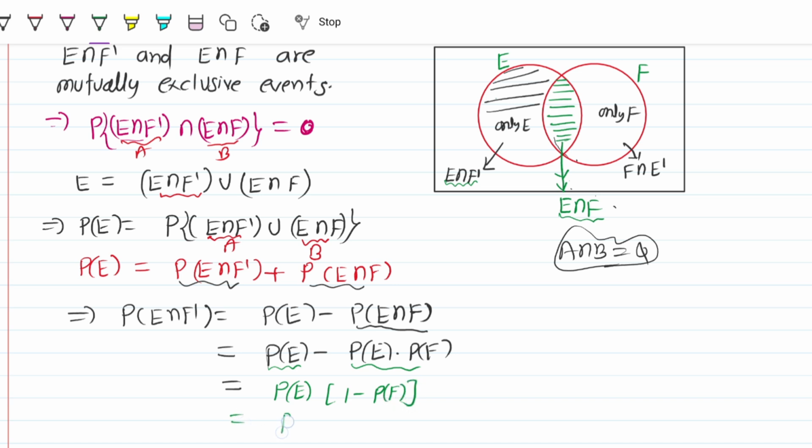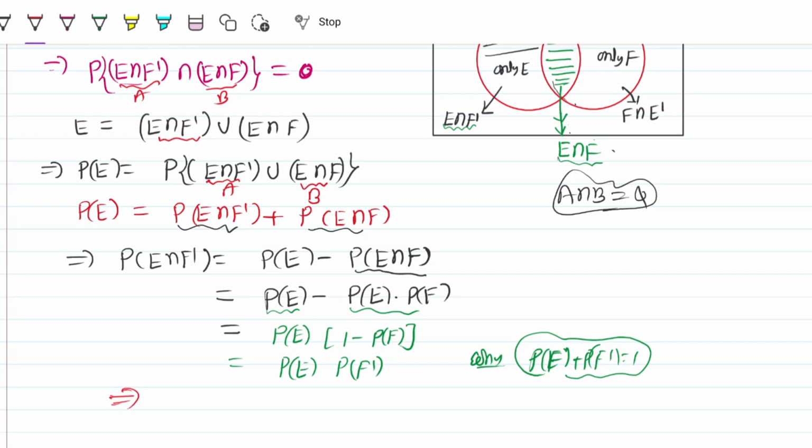PE and 1 minus PF means probability of F complement. Why? Because PF plus PF dash is always 1. Probability of any event plus probability of its complement always equals 1. It implies that E and F dash are also independent events.